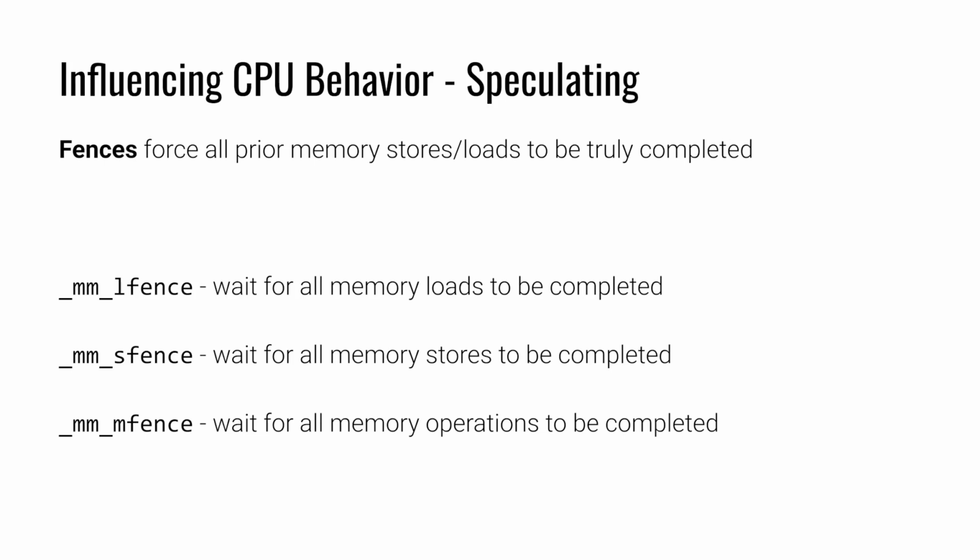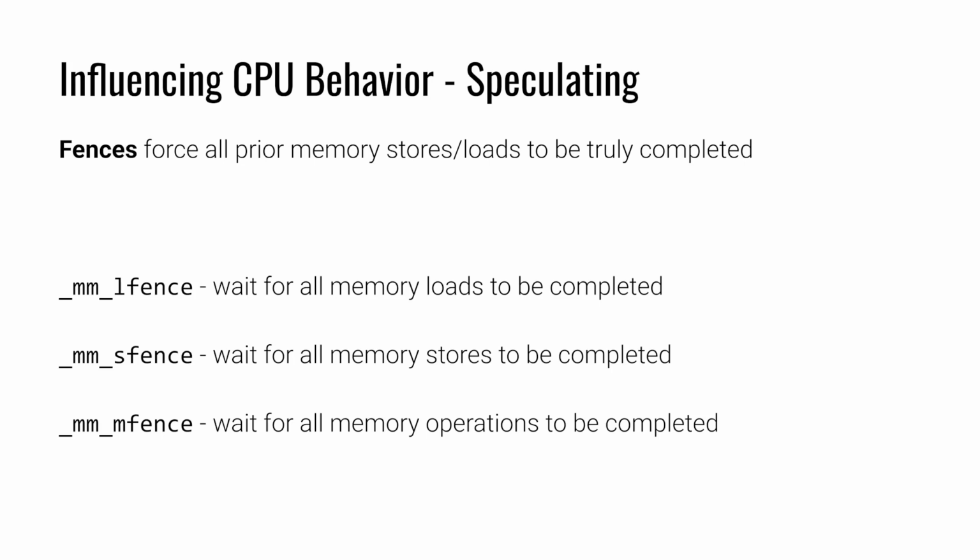Instead, maybe we're only interested in loads from memory into the CPU. If that was the case, then we would use an L fence. That would cause speculation to stop at that instruction until all loads from memory have returned. We're not going to guess at what the loaded value is. So all of the values that we're computing on at that point are real.